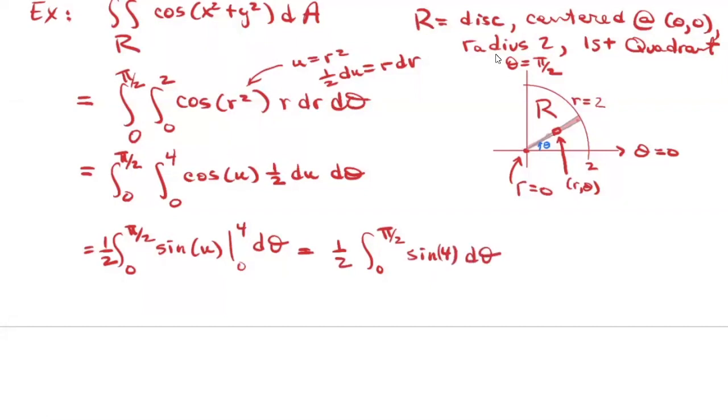And sine 4 is a constant, so you're going to have 1/2 sine 4 just times theta, where theta goes from 0 to pi over 2. So in the end, you're going to get like a pi over 4 times sine of 4. These are not degrees. We always assume if you're integrating that you're doing it in radians. Pi over 4 sine 4.